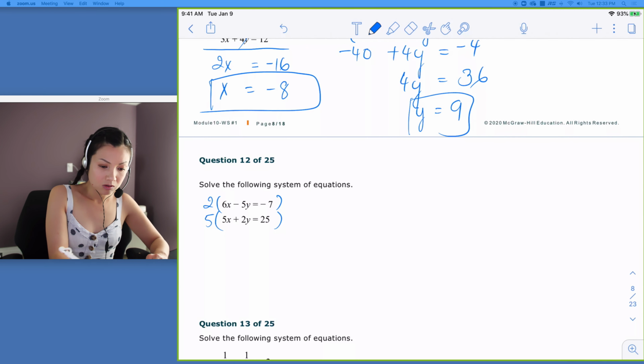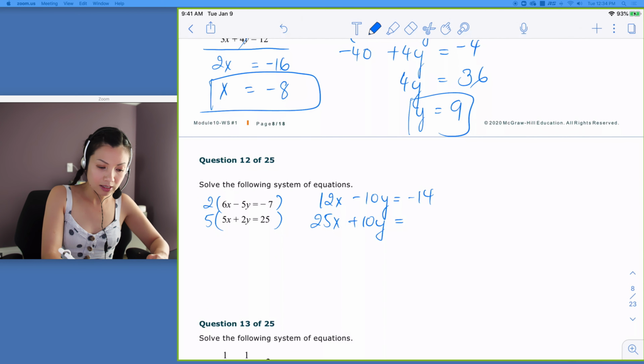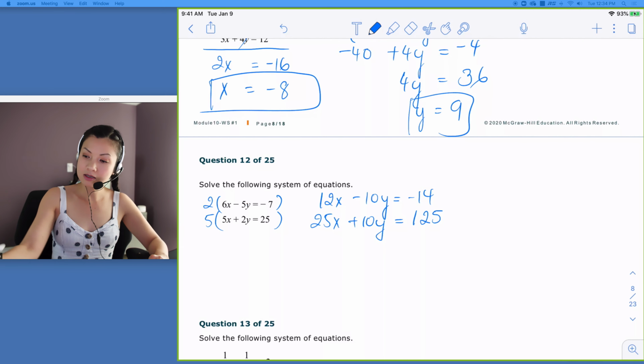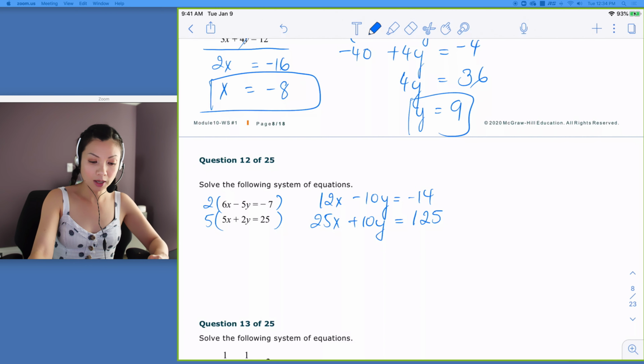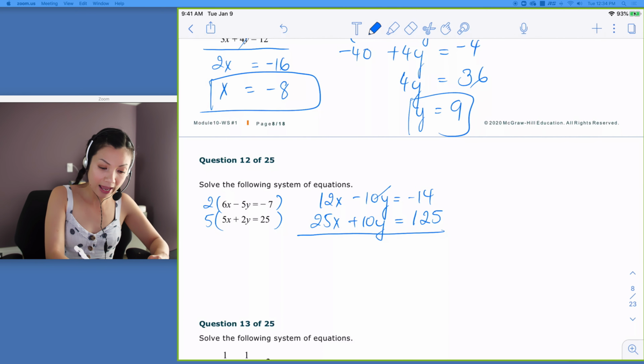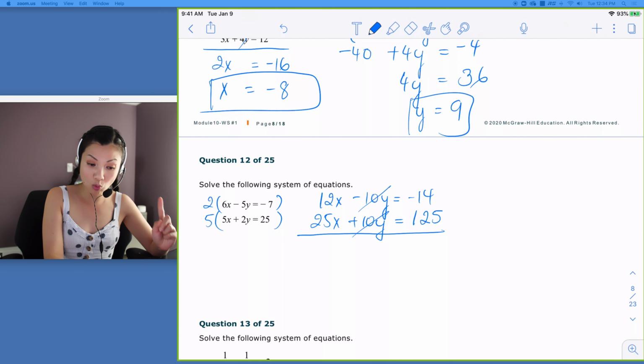Okay, so I ended up with 12x minus 10y equals -14. On the bottom, I have 25x plus 10y equals 125. Okay. Now I'm gonna go ahead and add to eliminate one variable.